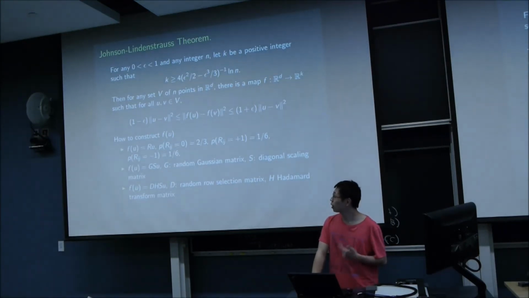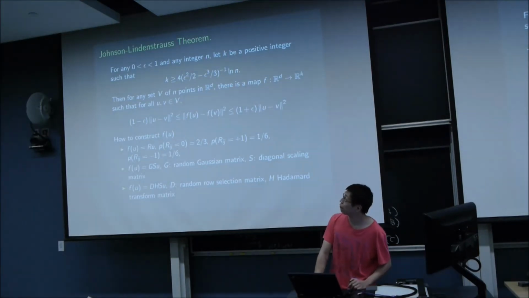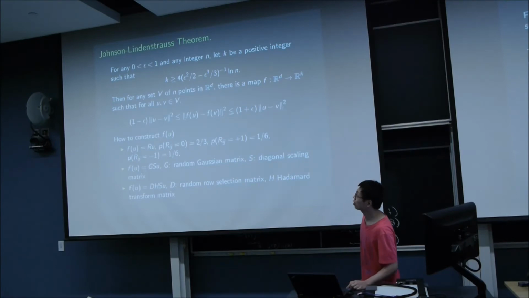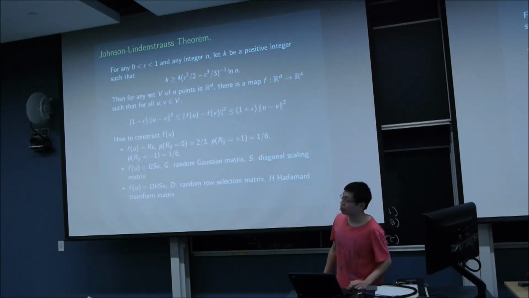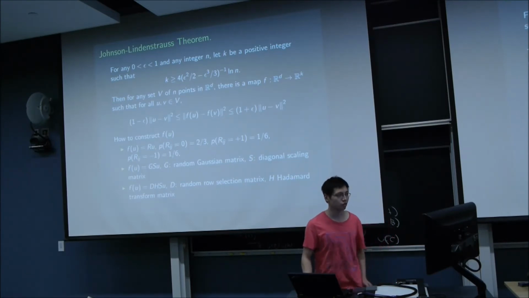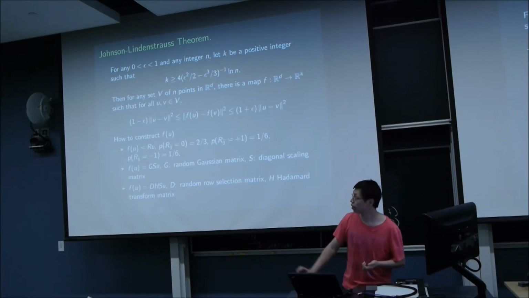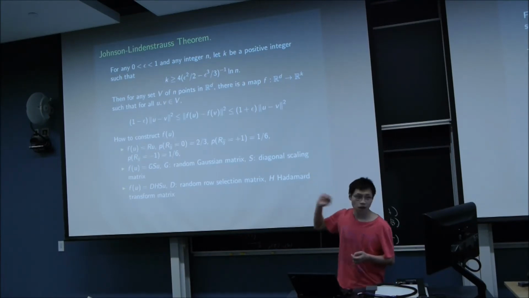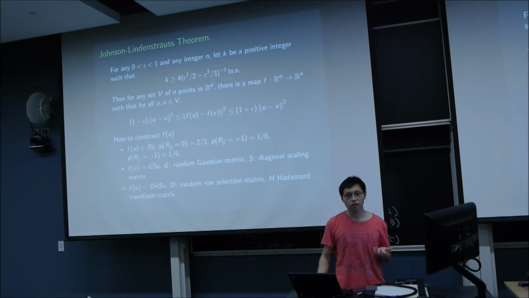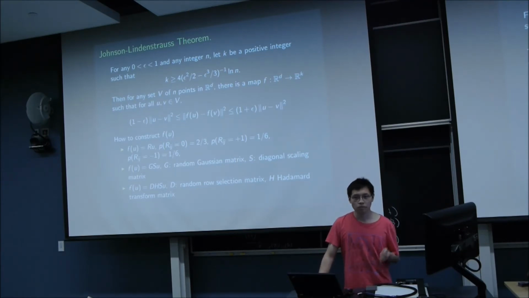So before we go to the detail, we want to have a nice theorem. The Johnson-Lindenstrauss theorem is called the JL theorem. It basically says that if you have n points in a d-dimensional space, we can assume there's a map from the d-dimensional space to a k-dimensional space, where k is less than d.